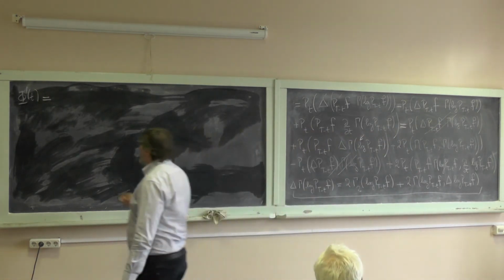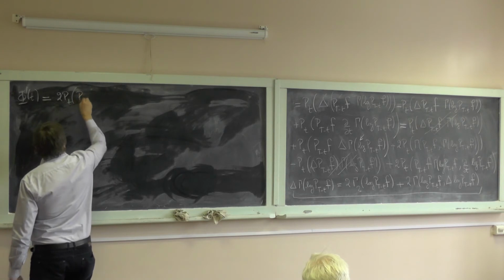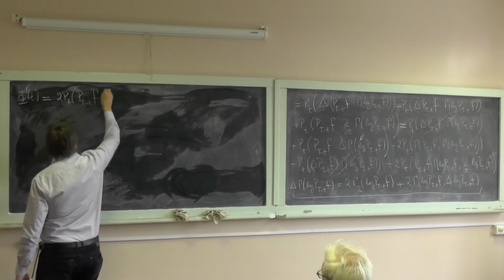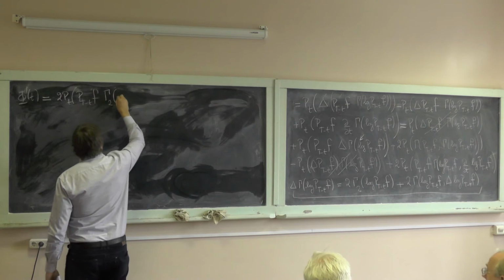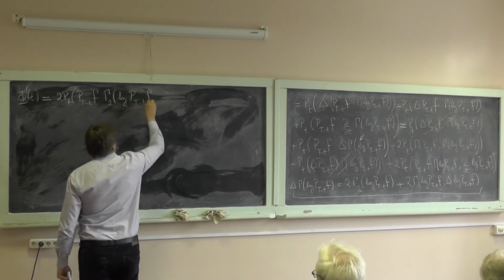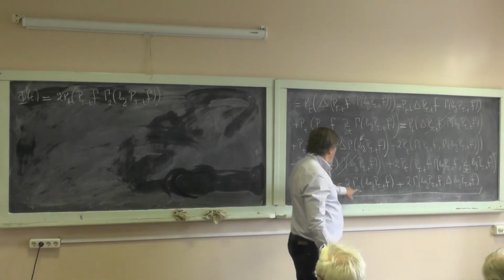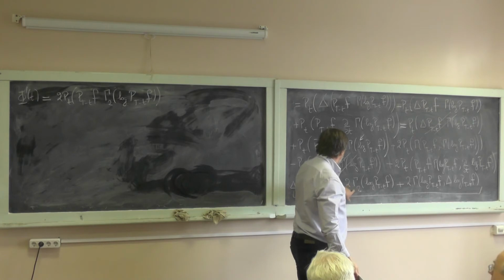So we have 2 pt of t minus t f times gamma 2 of the log of t minus tf, when I substitute this into here.